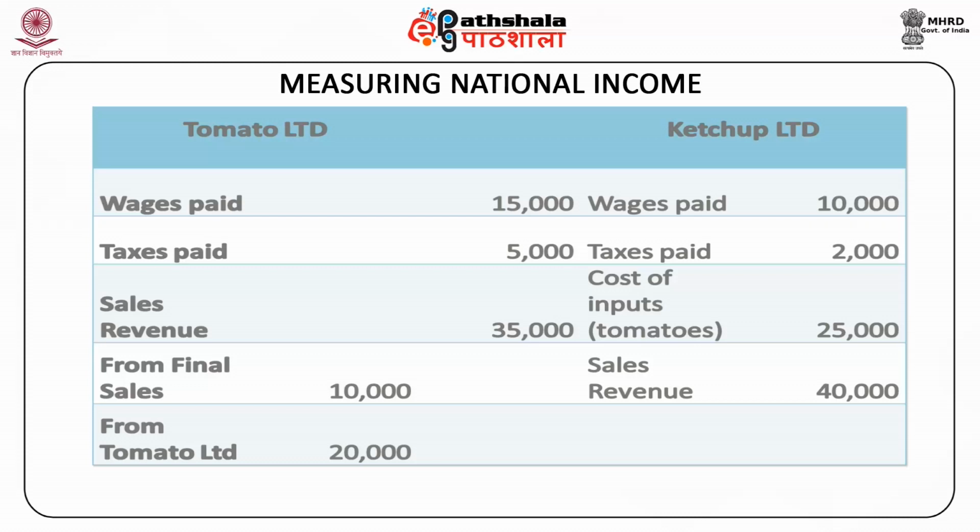Tomato Limited produces tomatoes and sells them directly to the consumers as well as to Ketchup Limited. Ketchup Limited sells its output to final consumers only. The table provides an account of transactions of these firms. Now let us go through each approach one by one.